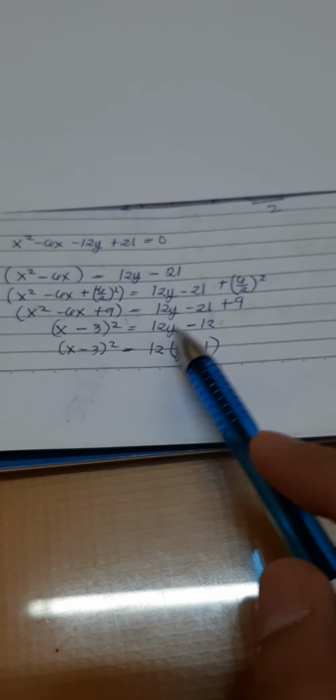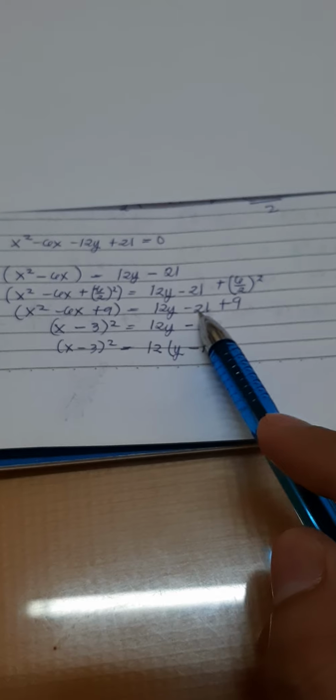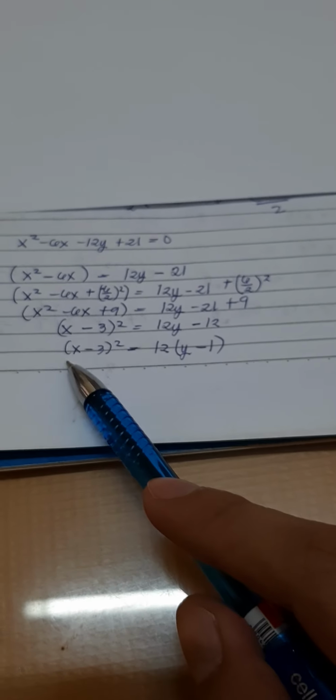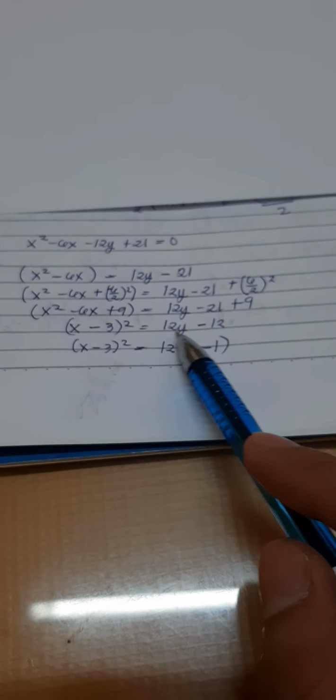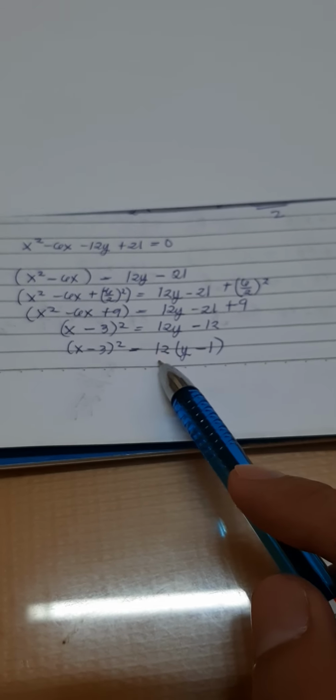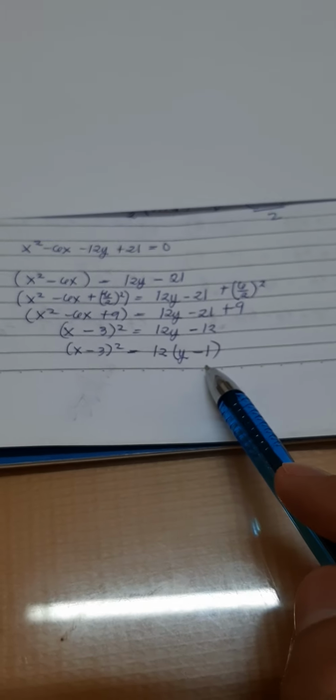So equals 12y minus 12, since negative 21 plus 9 is negative 12. So we have now the quantity of x minus 3 squared. We will factor this out. We will get the common factor, which is 12. So 12y divided by 12 is y. Negative 12 divided by 12 is negative 1.